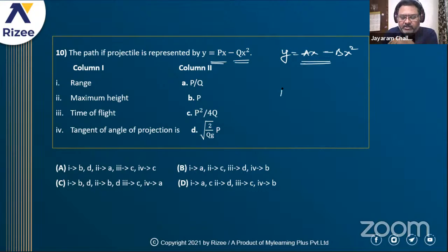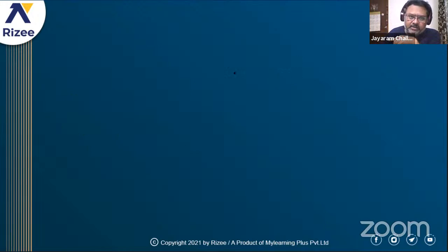So first condition is range. So what is the range condition? Range is obviously A by B. How can you say so? A is nothing but, if I compare, here I'll solve. So your standard equation is y is equal to x tan theta minus g by 2u square cos square theta into x square.